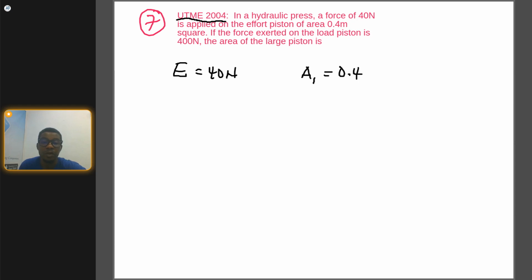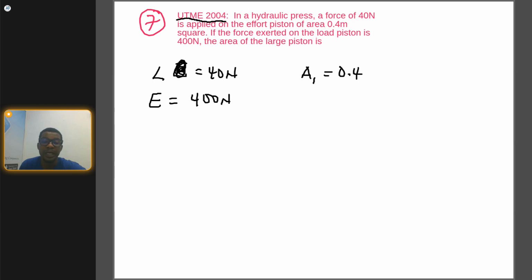And also, if the force exerted on the load piston is 400 Newton, take note, this is our load. The effort is given to be 40 Newton, while the force exerted on the load is 400 Newton.